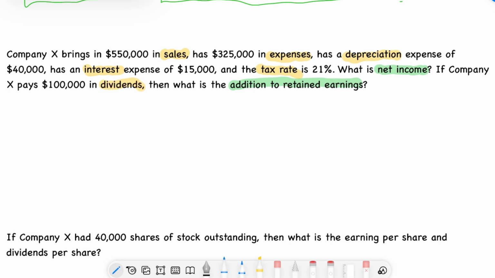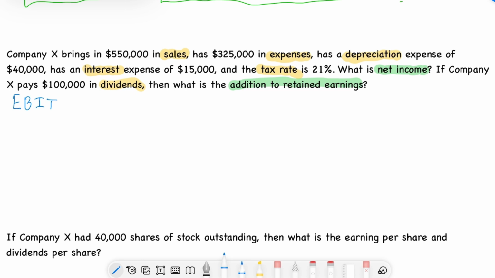Well, if we looked at our toolbox, what we'll see is that we have revenues and we have expenses, and we should have everything we need to find the net income and the addition to retained earnings. So let's start with our earnings before interest and taxes.